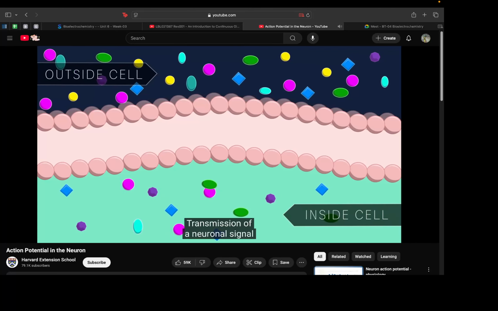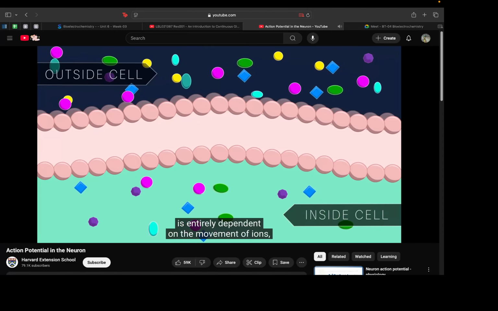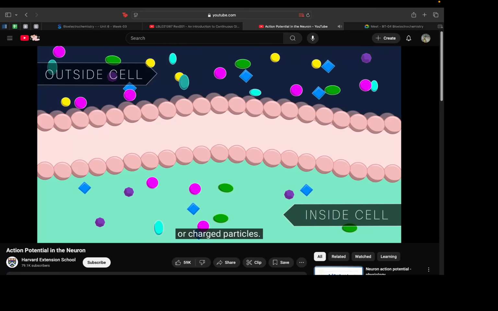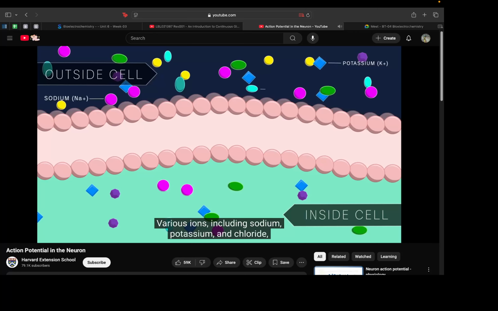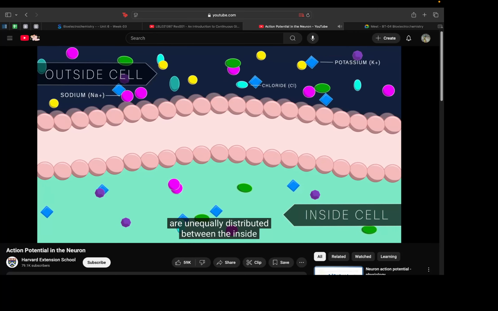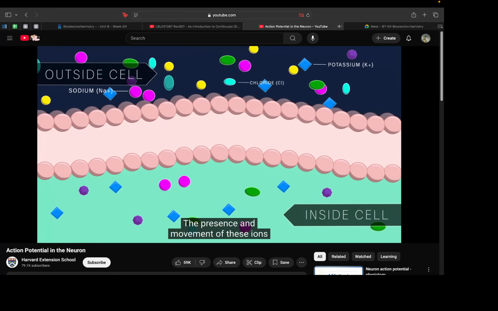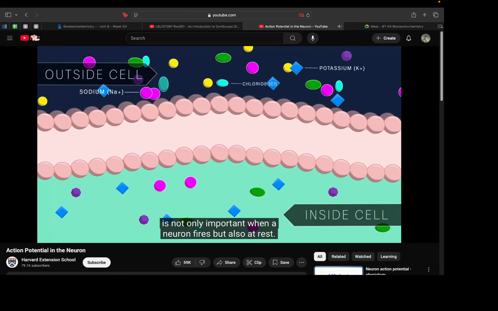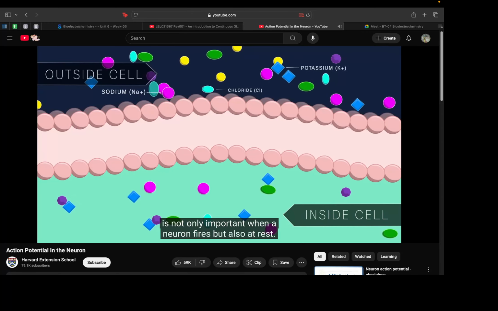Transmission of a neuronal signal is entirely dependent on the movement of ions or charged particles. Various ions, including sodium, potassium, and chloride, are unequally distributed between the inside and the outside of the cell. The presence and movement of these ions is not only important when a neuron fires, but also at rest.